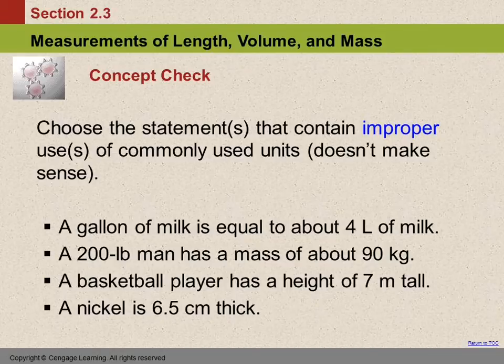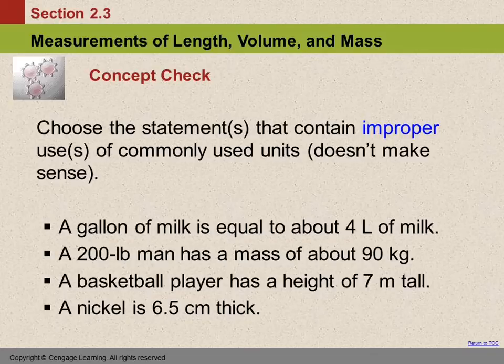How about saying that a 200-pound man has a mass of about 90 kilograms? Is that reasonable? It is, because a kilogram is about twice as big as a pound. So if you take 90 times 2, 180, that's real close, so that's reasonable. Basketball player has a height of 7 meters tall.